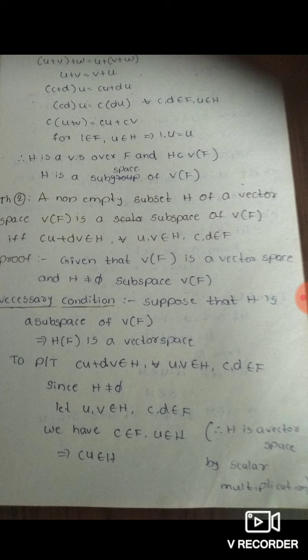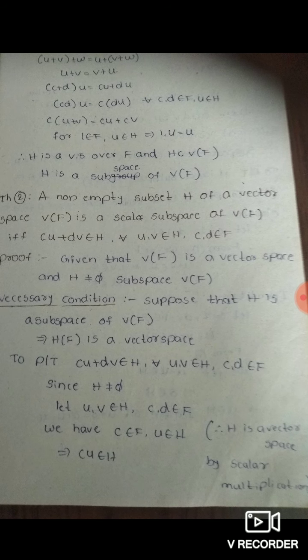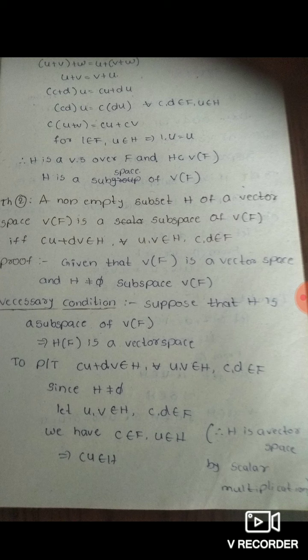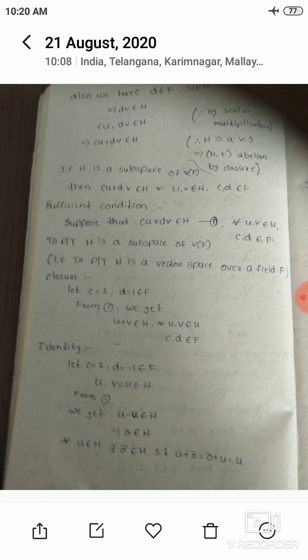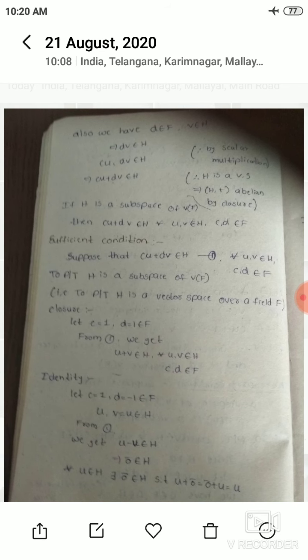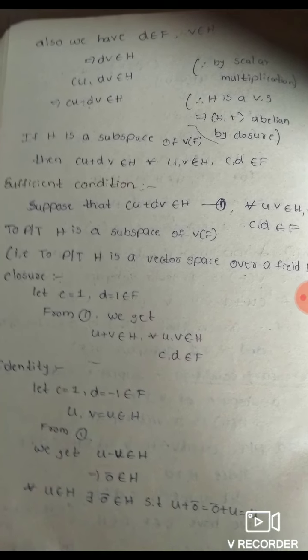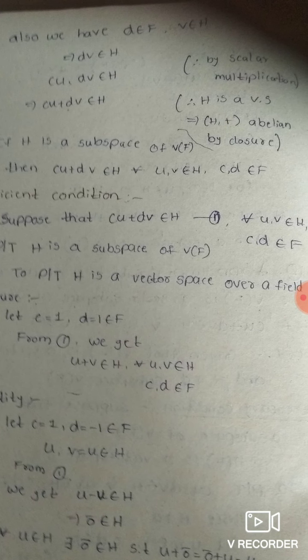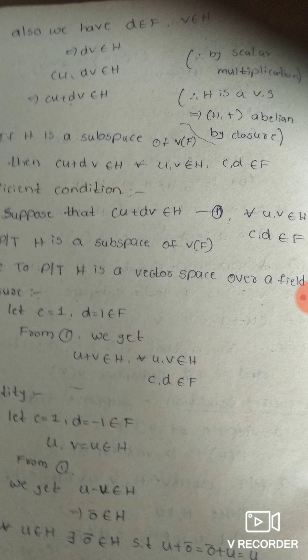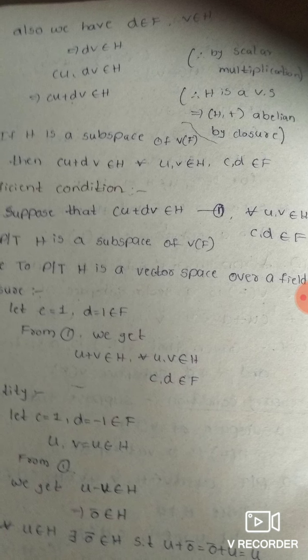That's why we write C belongs to F, U belongs to H, that implies Cu belongs to H. Similarly, D belongs to F, V belongs to H, that implies dV belongs to H.